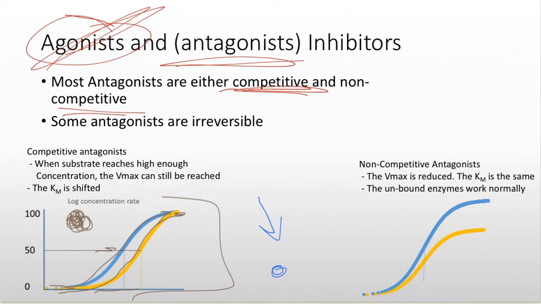So I can say that my Km in this situation has stayed the same, but I have taken most of my enzymes out of commission, and so my Vmax has decreased. And so that's the most important thing you need to know: with non-competitive antagonists, Vmax is reduced and Km is the same. With competitive antagonists, Vmax is going to stay the same, but Km will appear to be altered. This is called the apparent Km.